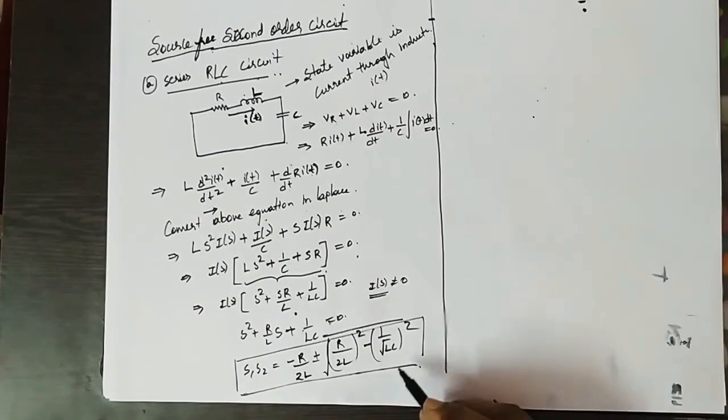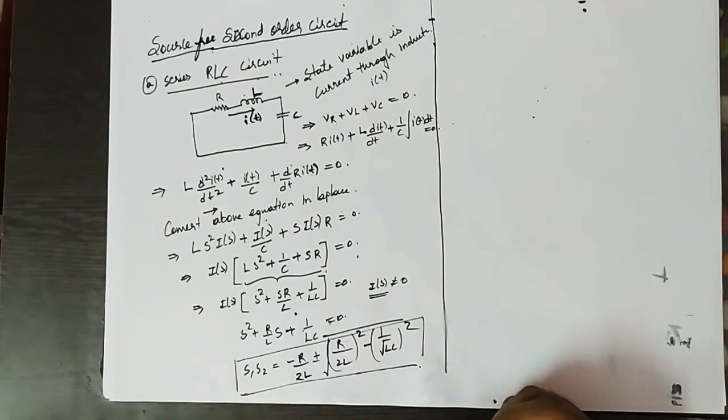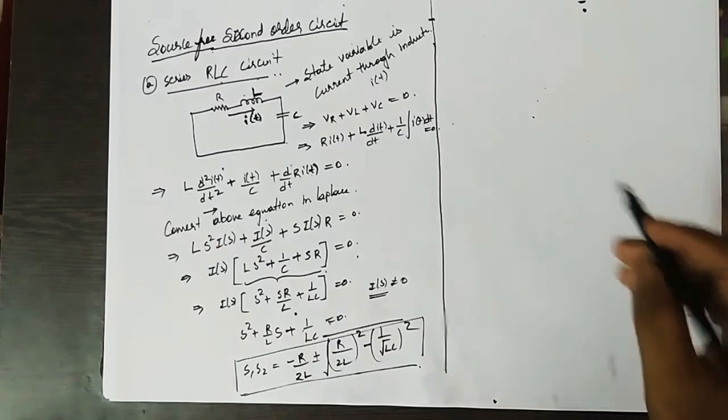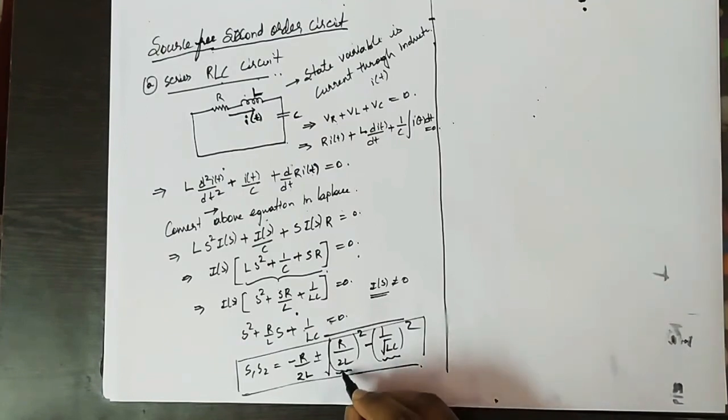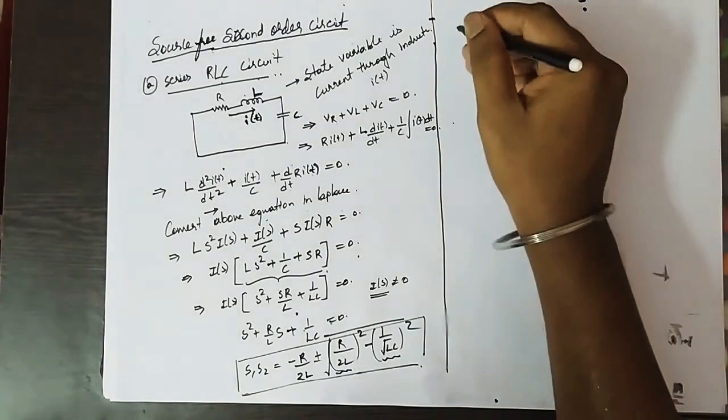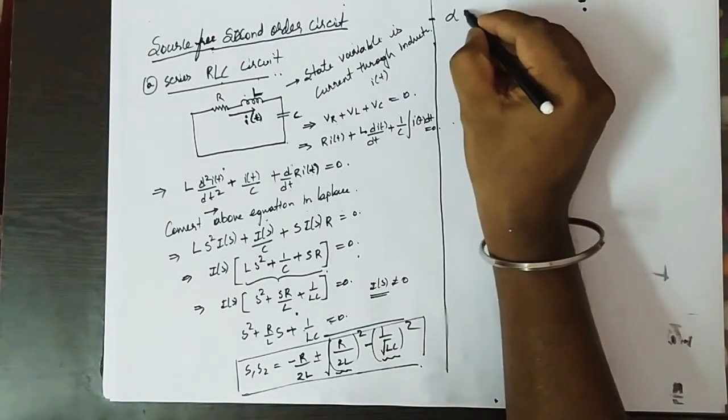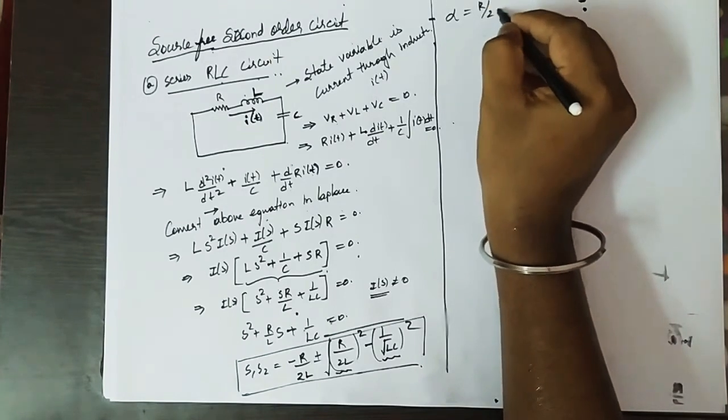So after getting this equation, we have two main functions here. What are they? Damping factor and natural frequency. In this, under the root we have R by 2L. So the damping factor alpha can be written as R by 2L.